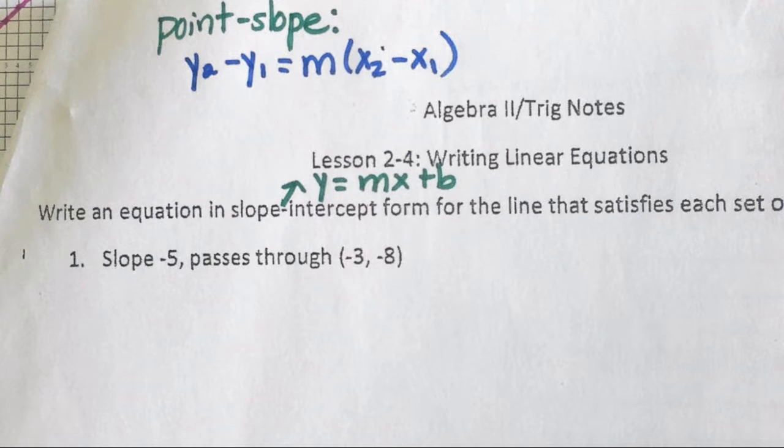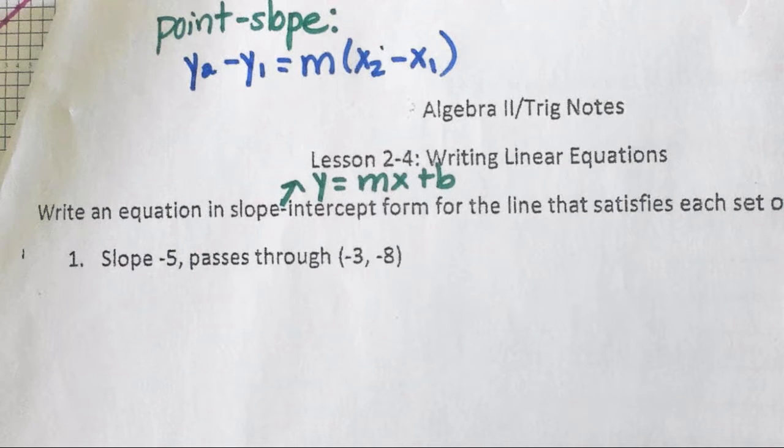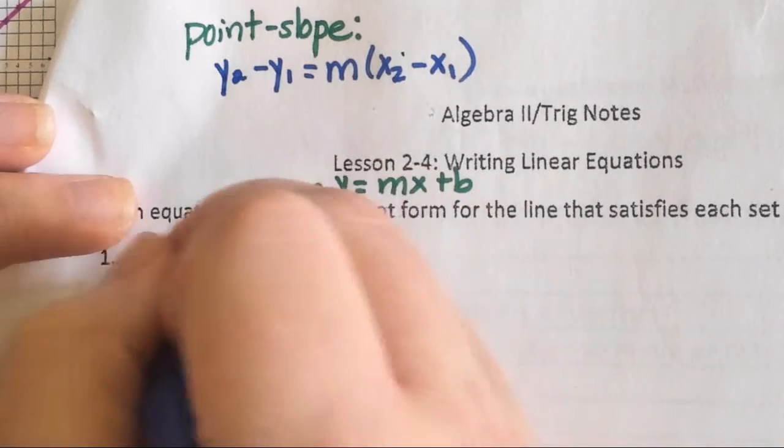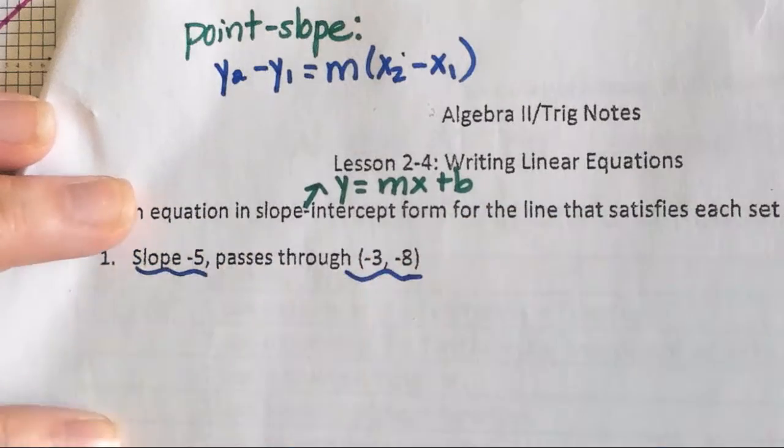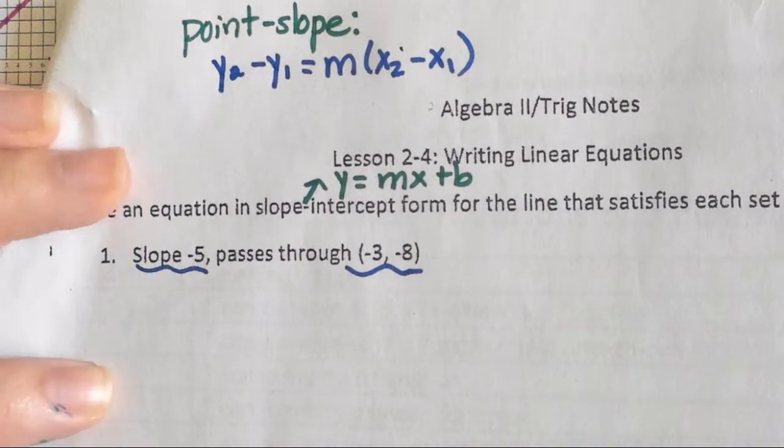On what problem are we given a point and given a slope? Number 1 and number 3. We're given a point, we're given a slope. It's used when you think point, slope. I see a slope, I see a point, we're going to use point-slope.